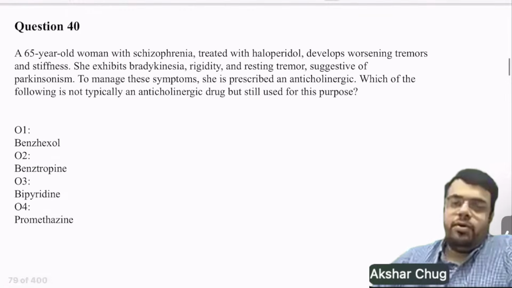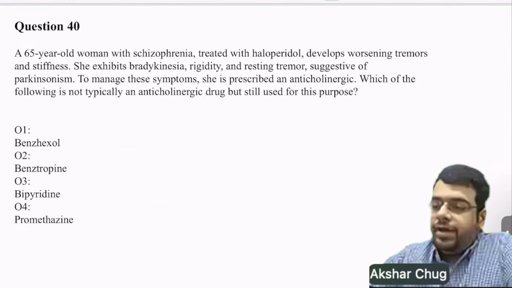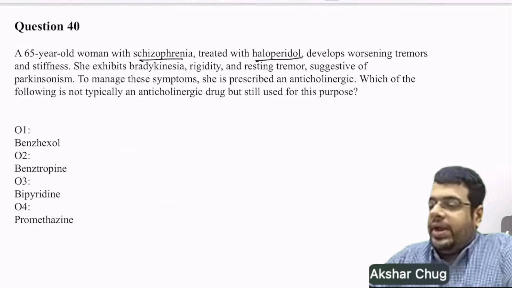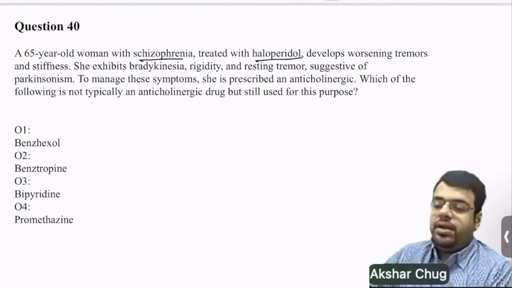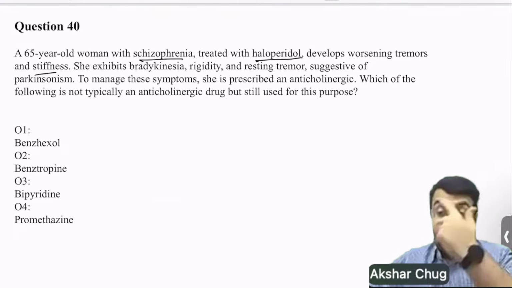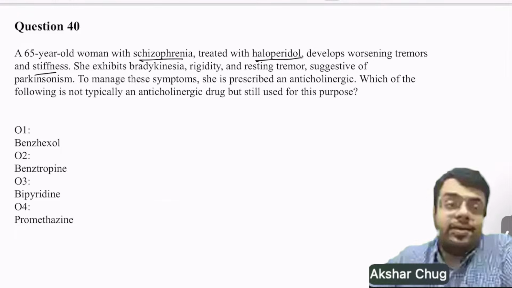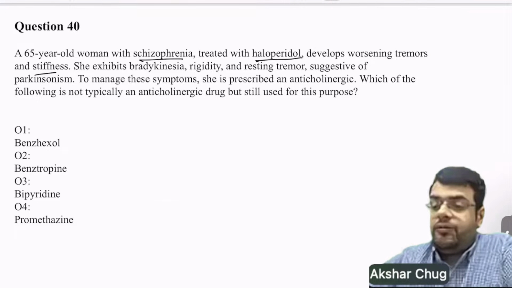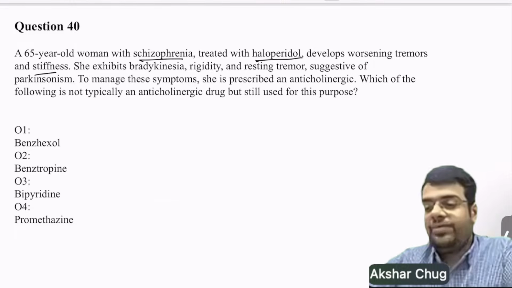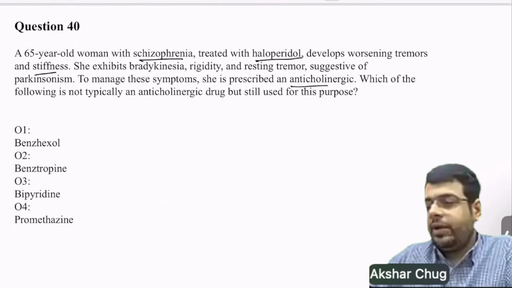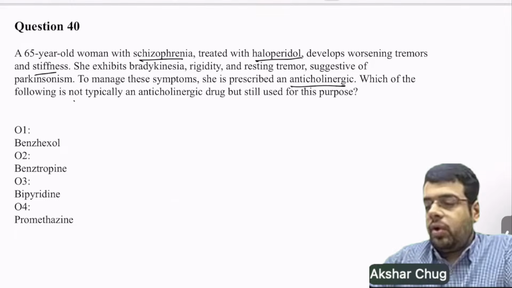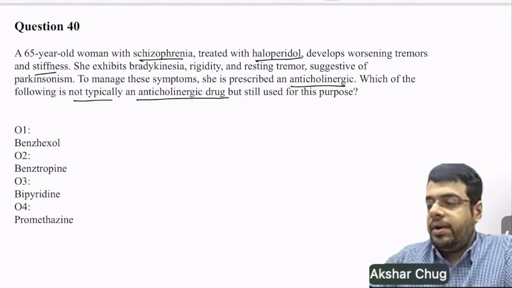Moving on to question 40, 65-year-old woman with schizophrenia treated with haloperidol develops worsening tremors and stiffness. She exhibits bradykinesia, rigidity, and resting tremors, suggestive of Parkinsonism. To manage these symptoms, she is prescribed an anticholinergic. Which of the following is not typically an anticholinergic drug, but still used for this purpose?